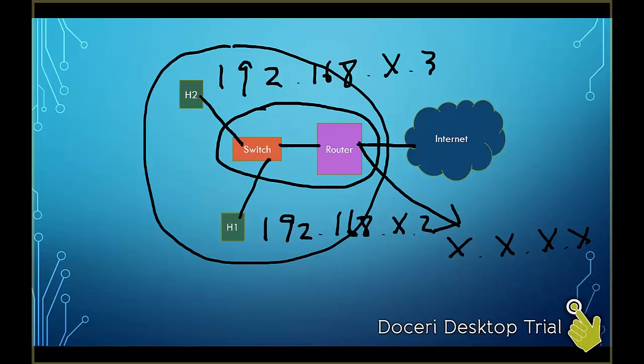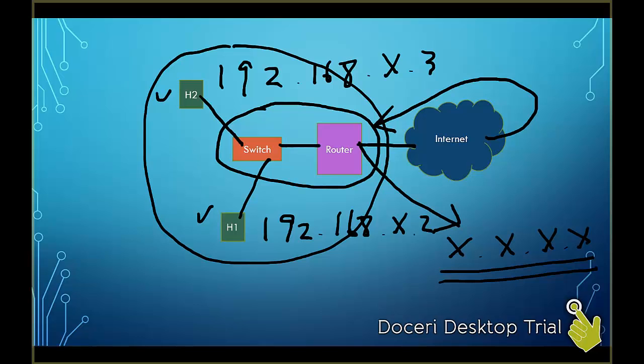And then when it's time for you to get out of your own home network and go out to the internet, what has to happen is these source IP addresses from host 1 and host 2 have to be translated into this legitimate internet IP, which is x.x.x.x in this case, so that when there is something that needs to come back from the internet to your home network, whatever is on the other side can use that legitimate internet IP to send a packet back to the router.